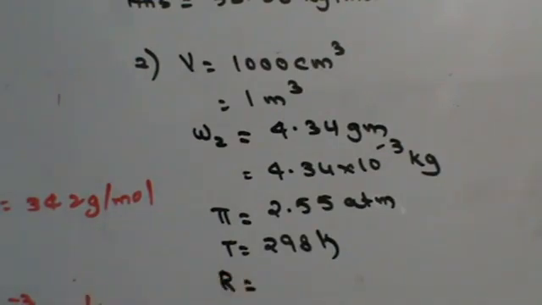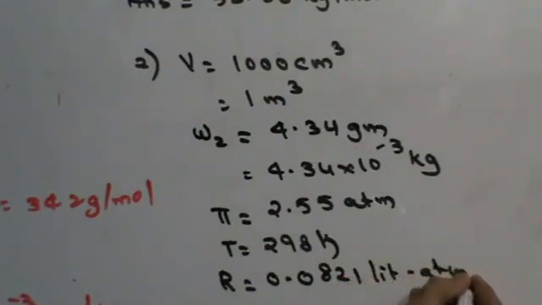If gaseous constant is 0.0821 liters atmosphere per Kelvin per mole.